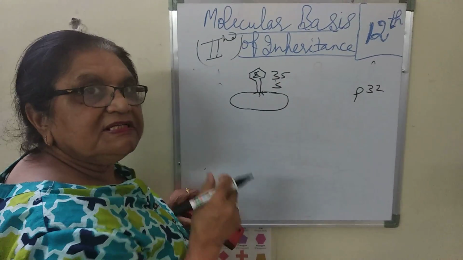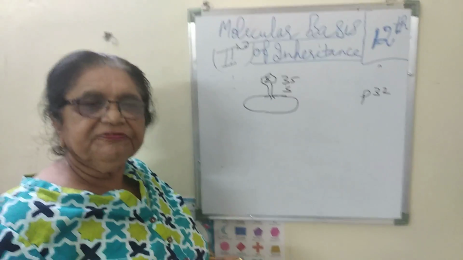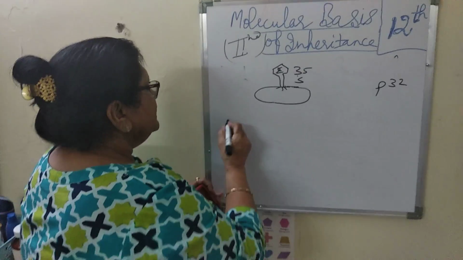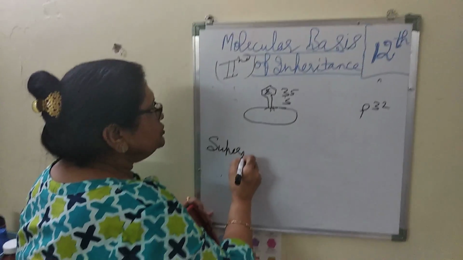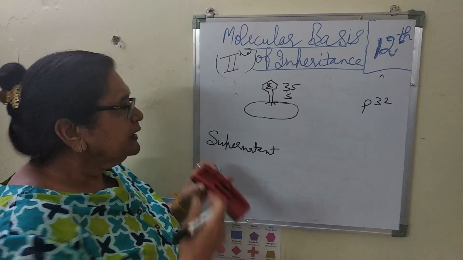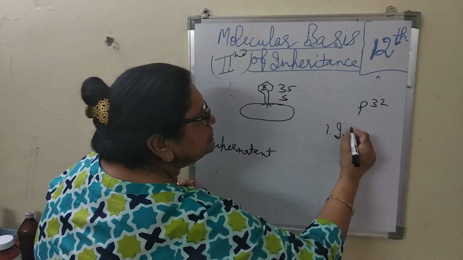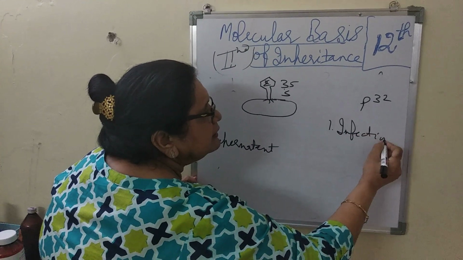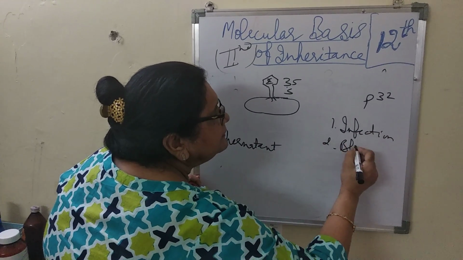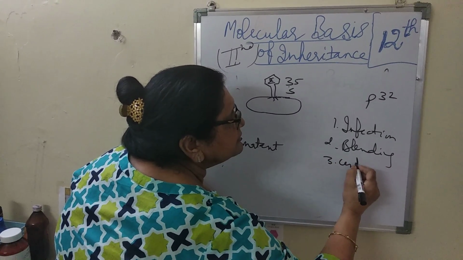So infection was done. Then blending and centrifugation. After that, there is a formation called supernatant and pellets. You have to write these 3 steps: infection, very important, blending, and centrifugation.